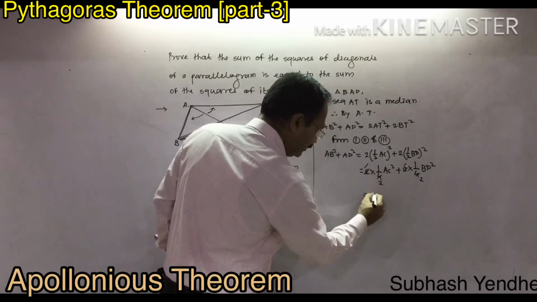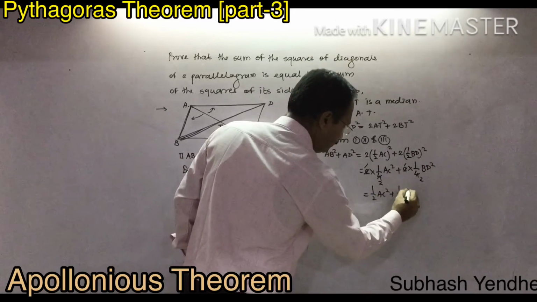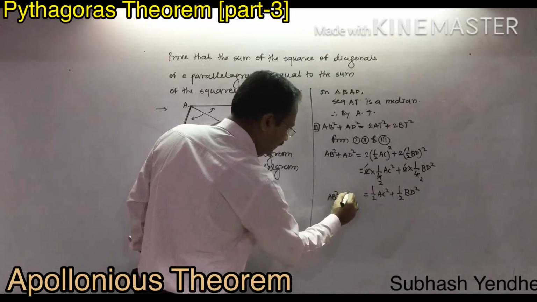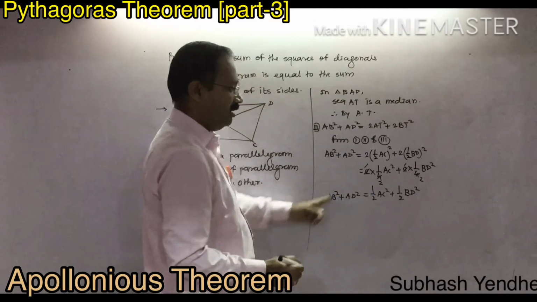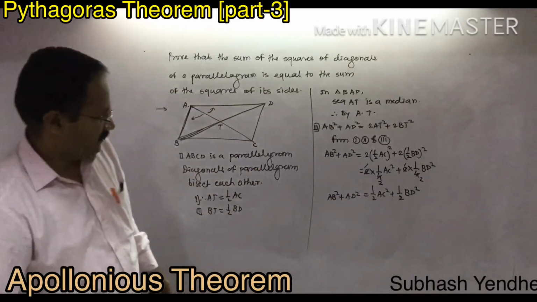So you will get half AC square plus half BD square. So AB square plus AD square equals half AC square plus half BD square.